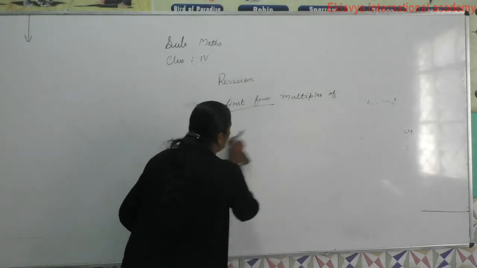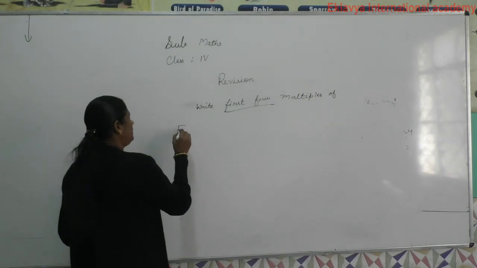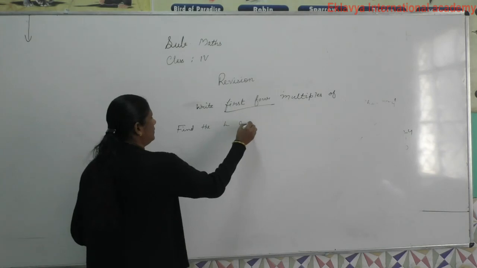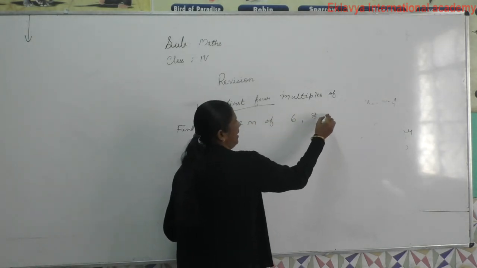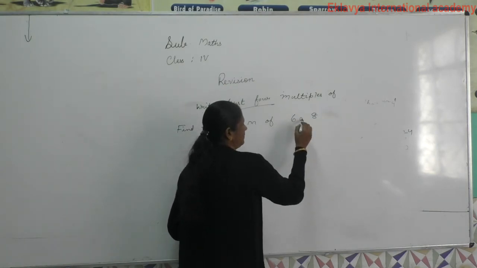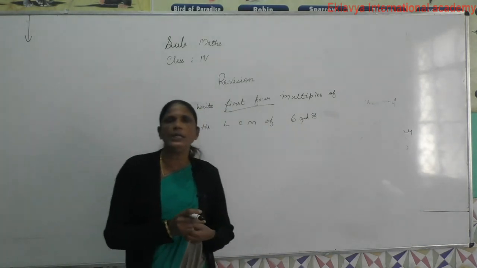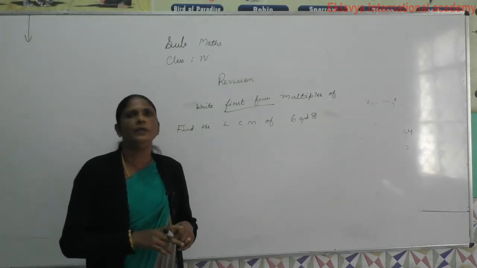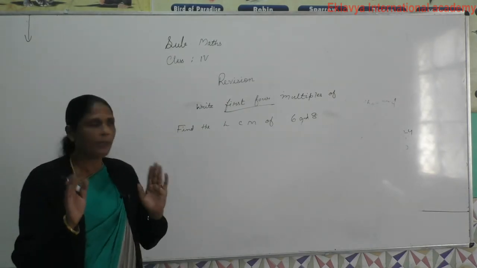Now, find the LCM of 6 and 8. What are the prime numbers? 2, 3, 5, 7, 11, 13, 17, 19, 23 and so on are the prime numbers.